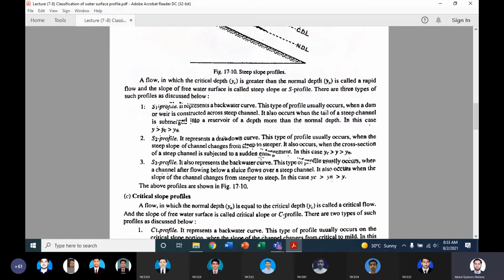और इसमें नॉर्मल डेप्थ, क्रिटिकल डेप्थ ये क्या होंगे? Equal. Yeah, very good. We have discussed that in the critical slope the normal and critical depth are going to coincide at the same line.